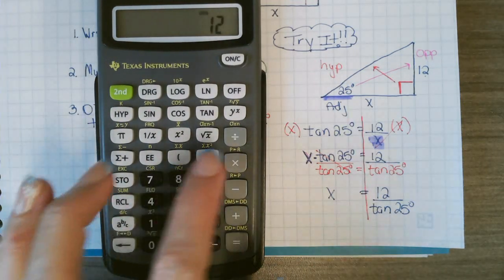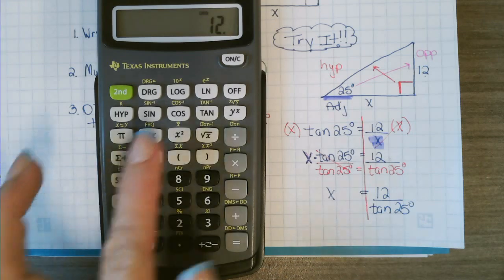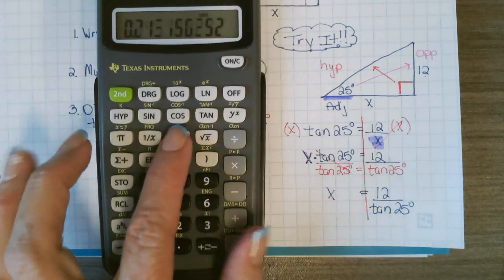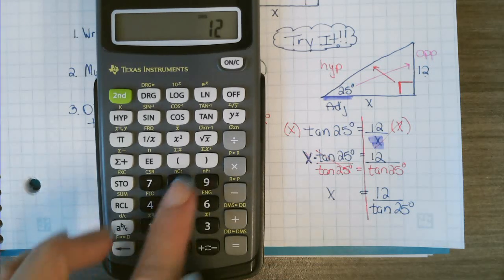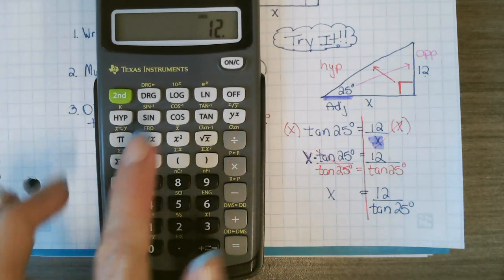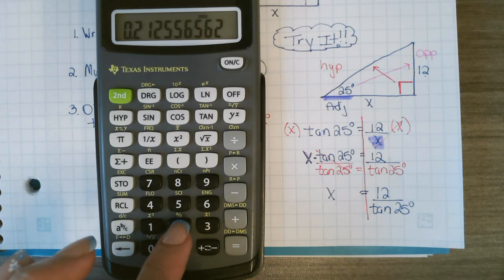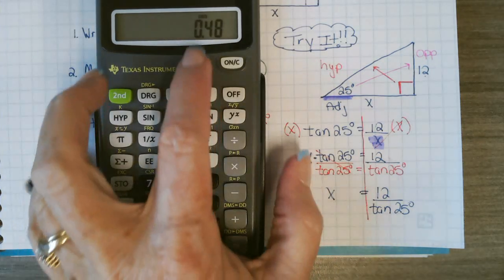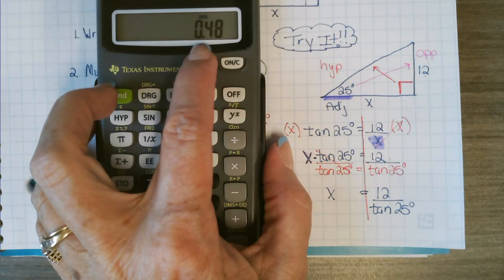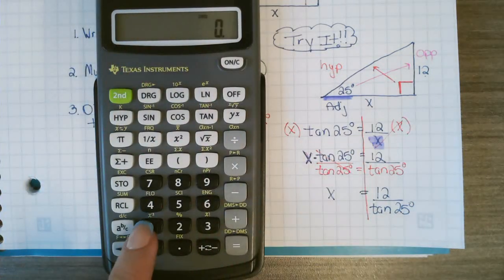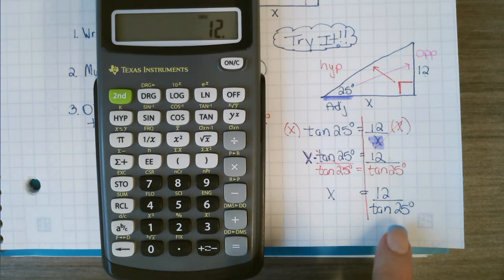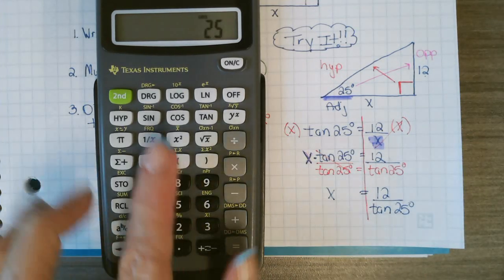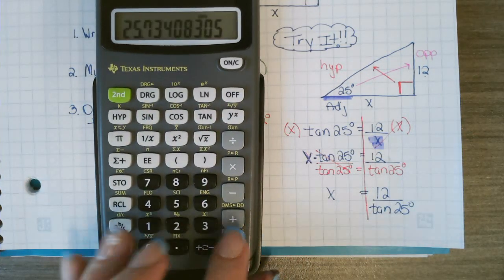Oh, divided by 10. Let's see why, because my key was stuck. Let's try this again. 12 divided by tan 25. Alright, so notice that it's a 48. That's not the correct answer. So this is going to be 12 divided by, then you're going to hit 25 tan equals.